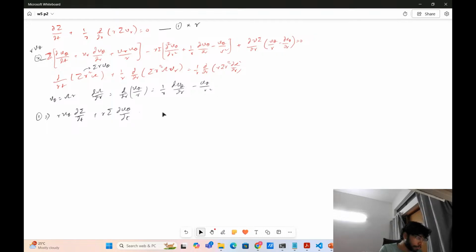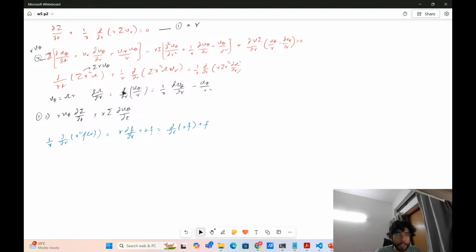Okay, so before looking at the second term, I just want to write down one identity that we are going to use: ∂/∂r of (r f), which is r ∂f/∂r plus f. So this is just an identity that we can use later on.